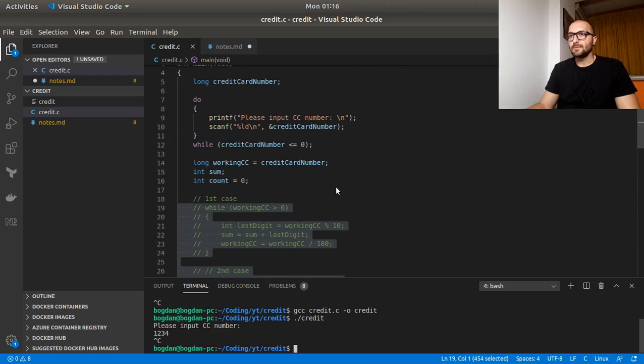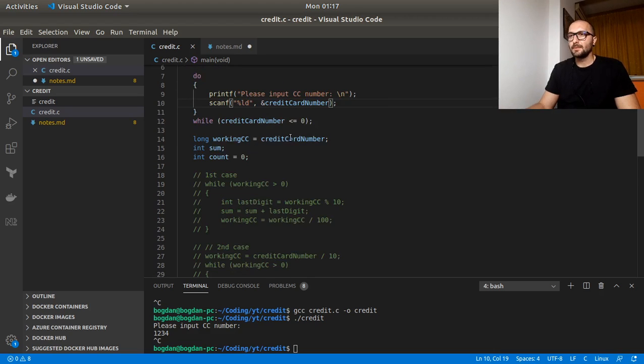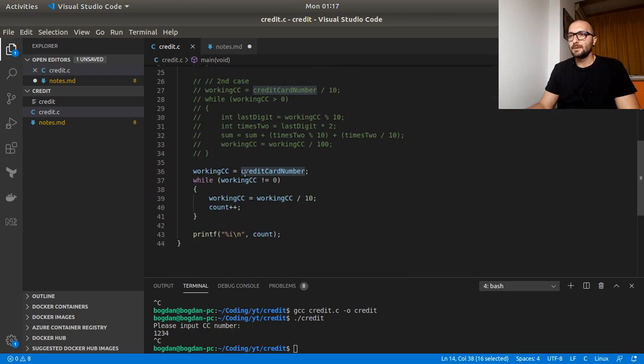Something's not right. I wonder what. Printf, scanf, get the credit card number here. No, I need this one here. Okay, working CC, credit card number. Actually, we wouldn't need this one here for our case.